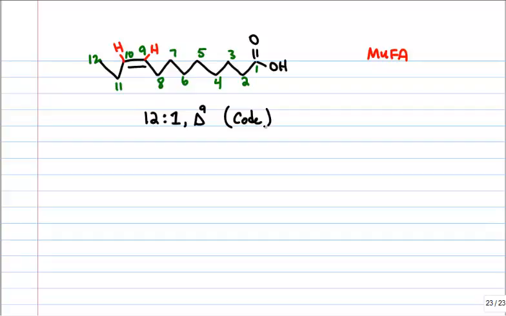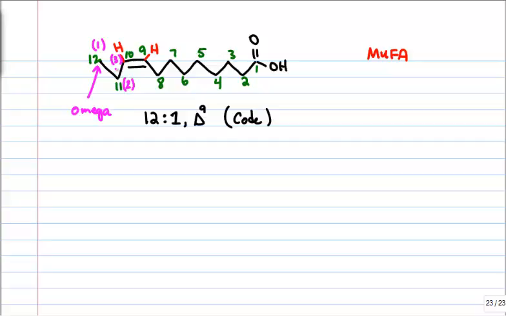Well, we're also going to learn in class that there's some special nomenclature associated with fatty acids. So this carbon here is said to be the omega carbon. It's at the end, okay? And you can do what we call omega numbering. This is number 1 in the omega numbering. This is carbon 2 in the omega numbering, and this is carbon 3 in the omega numbering.